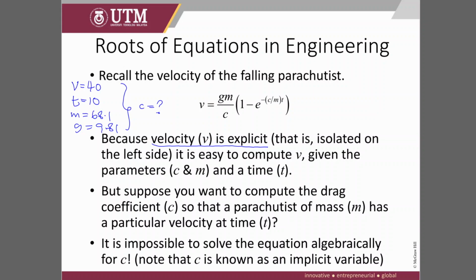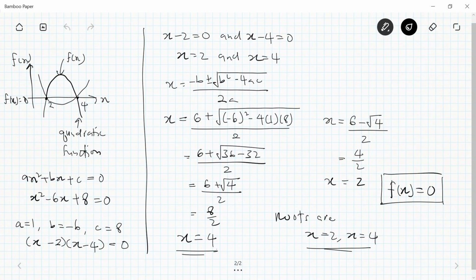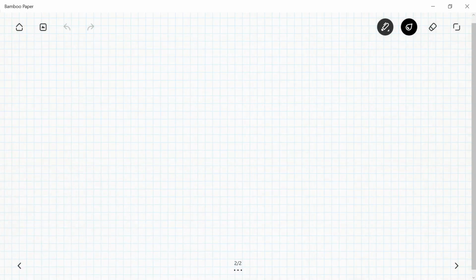Let's try to solve this equation for C. Our problem here is that V equal to GM over C times 1 minus e to the power of minus C over M times T. Try to put C on the left-hand side.